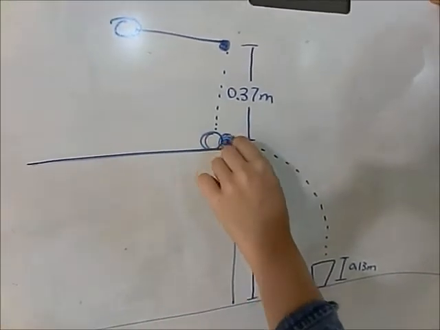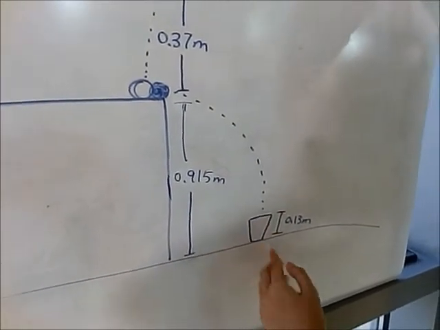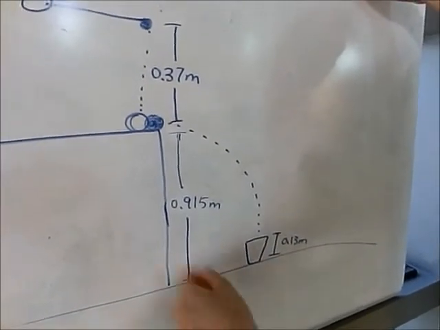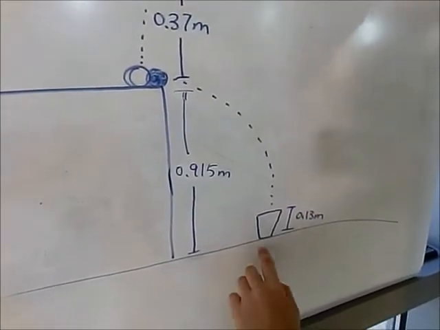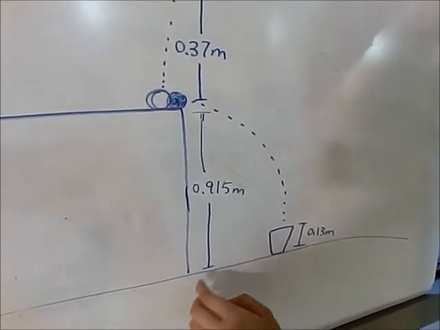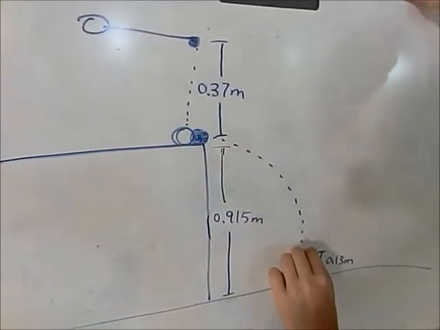It goes down and goes in the cup, and using all three of these principles we can calculate the distance that it will travel, so we know where to put the cup so that this ball will land in that cup.